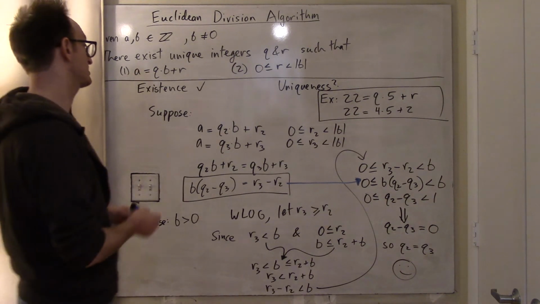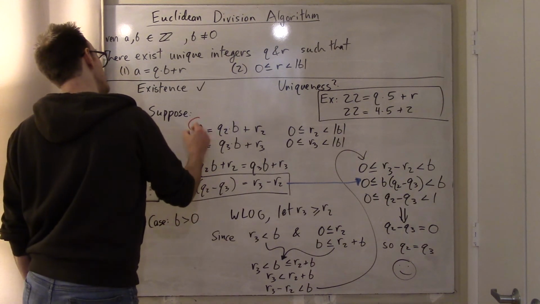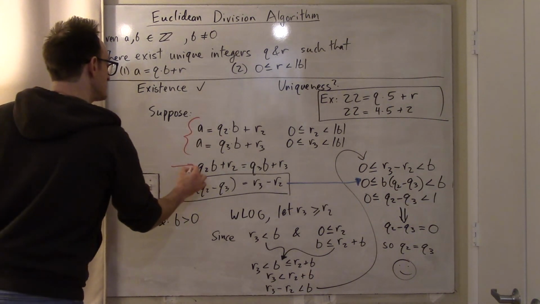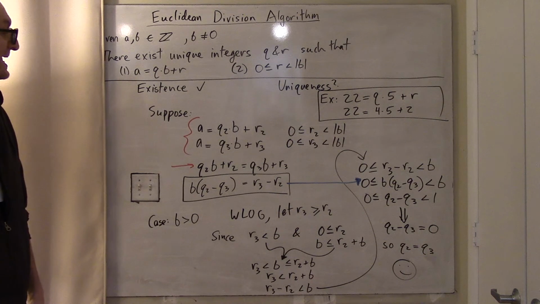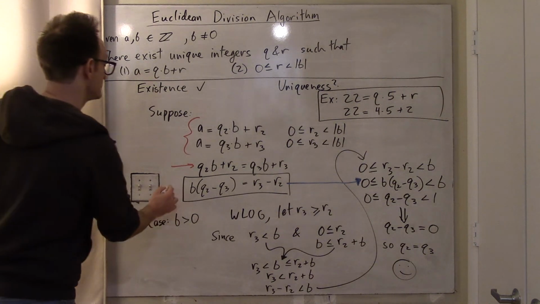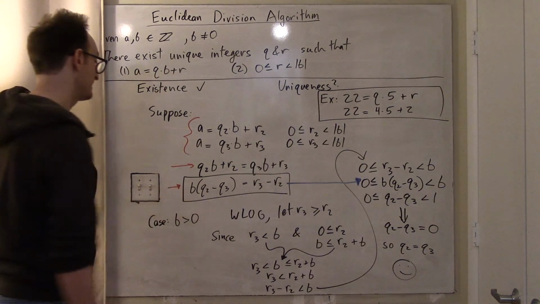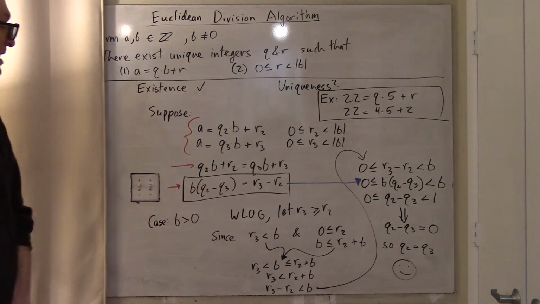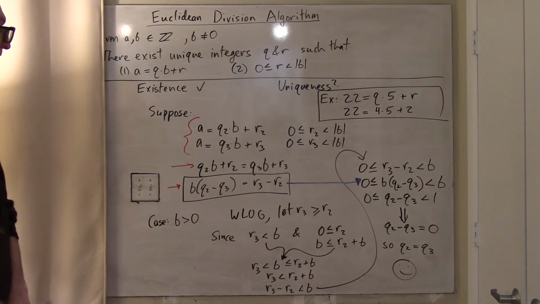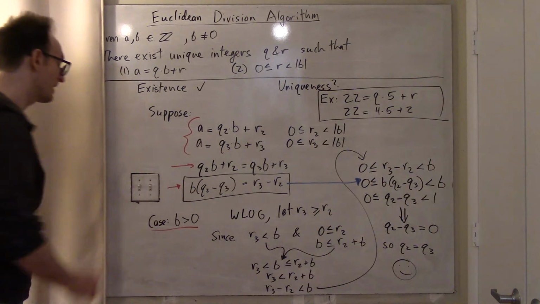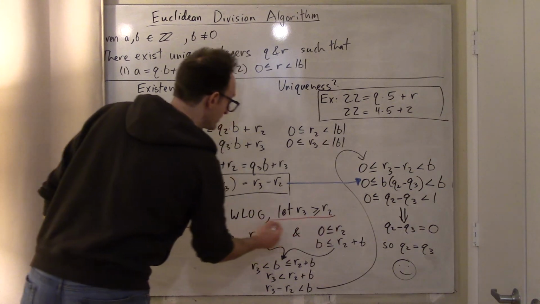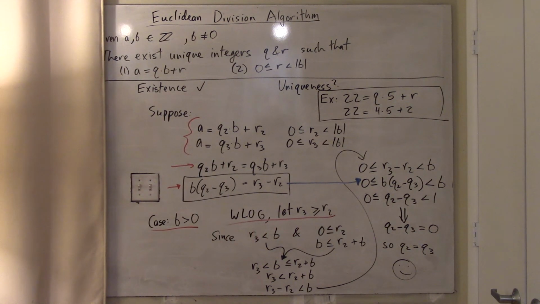But yeah, just to repeat, I started with a pair of Q and R satisfying the theorem. I set them equal to each other. I just did some factoring to focus on the difference between the remainders and the difference between the quotients, simplifying things a little bit by only focusing on positive B values, and simplifying things further by only treating the case where R3 is the bigger remainder.